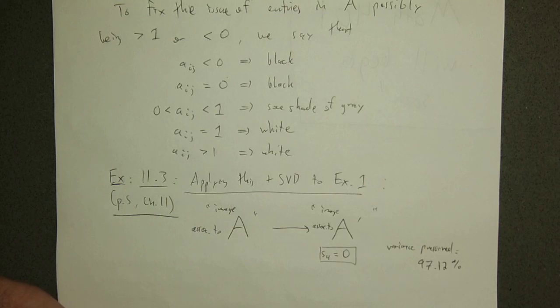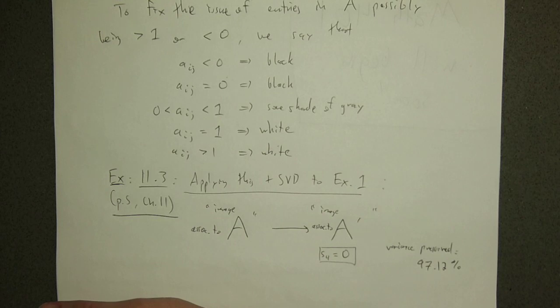But of course, some of the white squares become slightly grayer, and some of the black squares become a little lighter, so that they're also gray rather than black. Or they're slightly less black. You see some of them are still almost black, but they're noticeably lighter. Okay, so that's something that's noticeable. And that is preserving 97.12% of the variance.